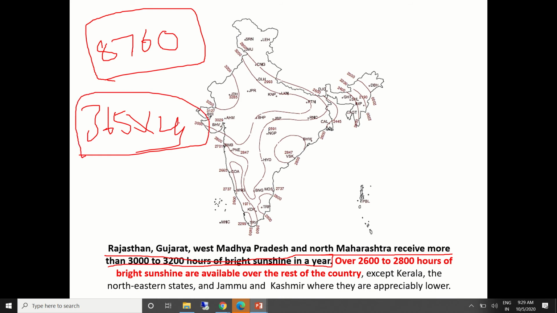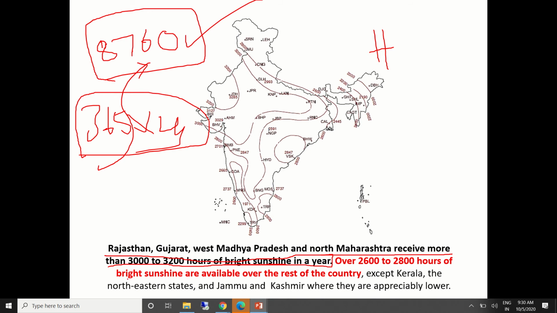So we will be using this number quite often. You remember this 8760. That means this is the total number of hours throughout the year. And we talk about how many sunshine hours we have per annum, in terms of hours in some cases.